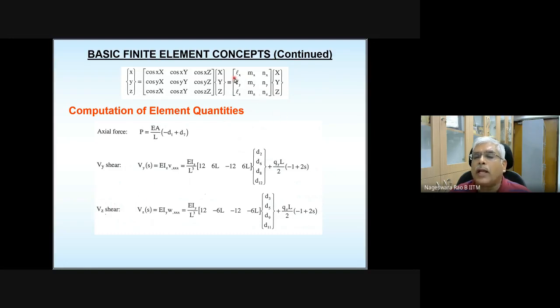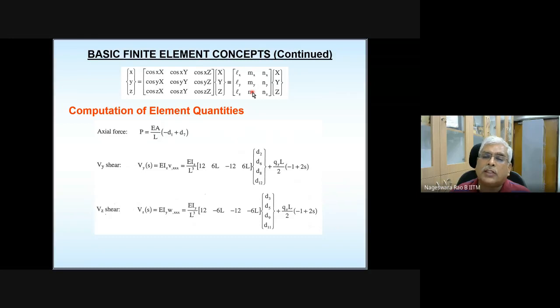We will see how to calculate this. We know how to calculate Lx, Mx, Nx. The only thing is here you also require Ly, My, Ny, Lz, Mz, Nz. How to calculate this we will see once we see a numerical example.